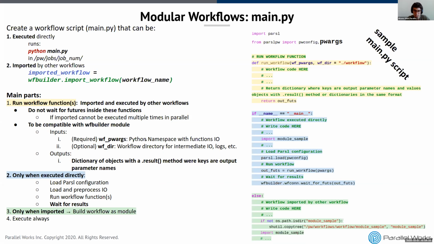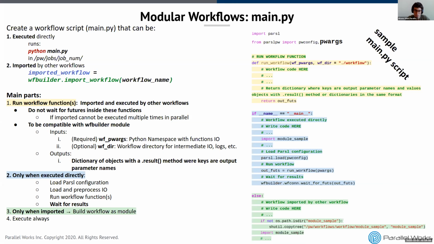So it needs to take a Python namespace with the function input and output definitions. The reason it takes a namespace is that the input from the input form is imported into the main.py as a namespace, as I mentioned before.